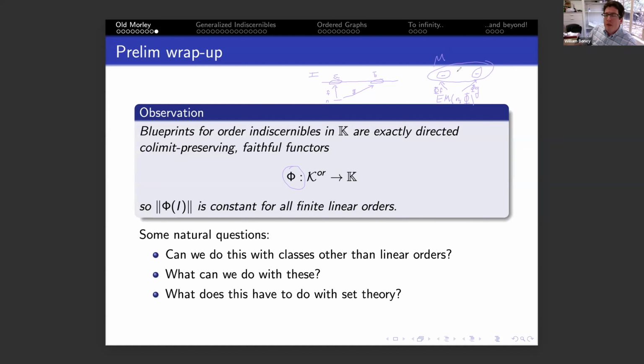But these two structures containing A bar and B bar are actually isomorphic. F and G are isomorphisms, so they lift to isomorphisms over here. And so everything that you can say about A bar is the same about B bar, because these two structures are the same.